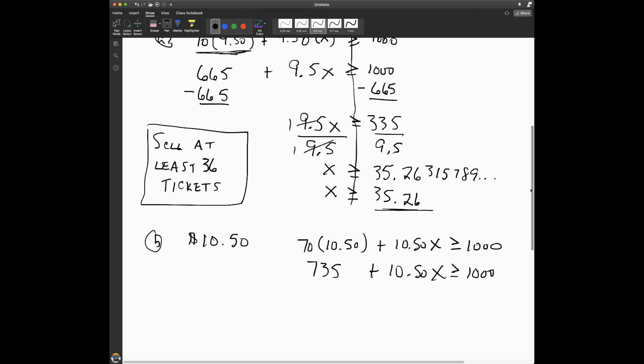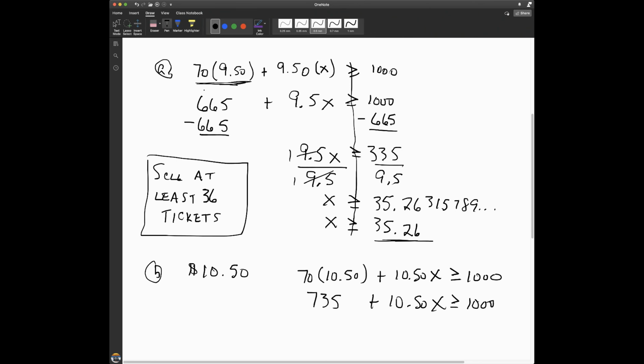Well, think about it. In the first part of this problem, we had already earned $665, and that number was important in helping us figure out how many tickets we needed to sell. So this number is important here. When you raise the price, you bring in more money.